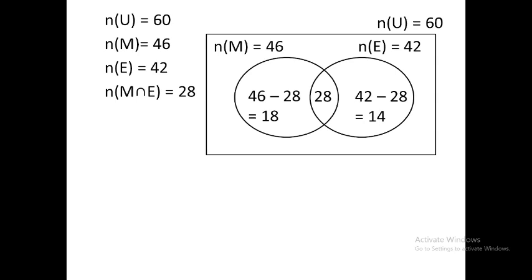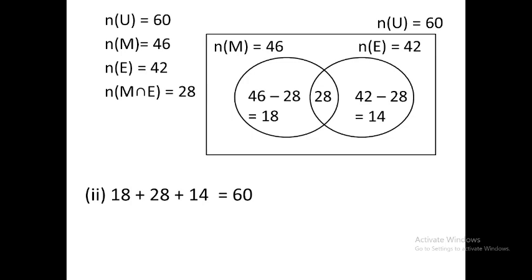Now, let's sum up everything to check if it's equivalent to the universal set. And so we'll have 18 plus 28 plus 14. Everything should sum up to 60. Good. It means we are done with this.